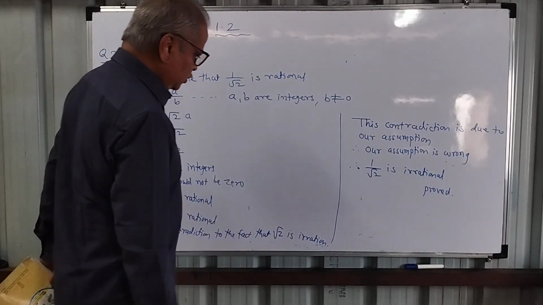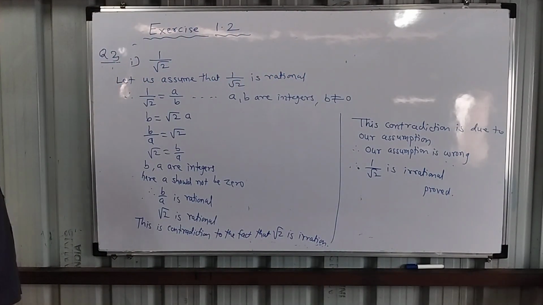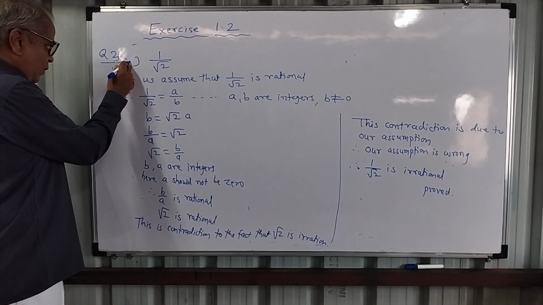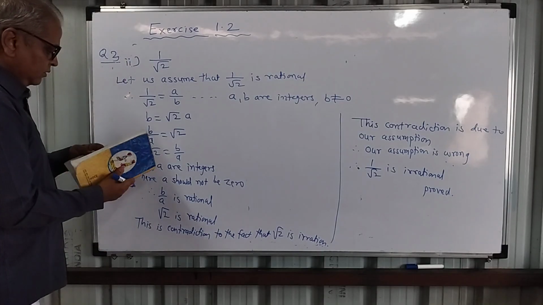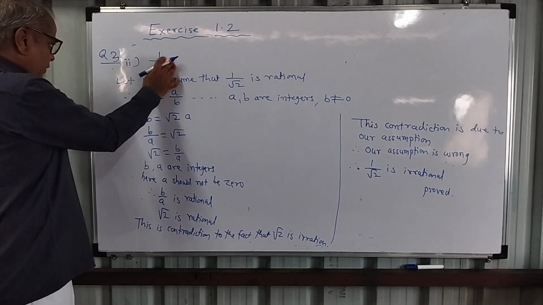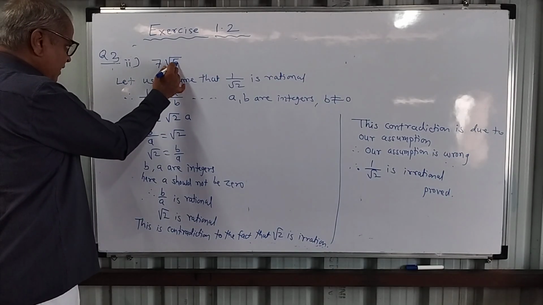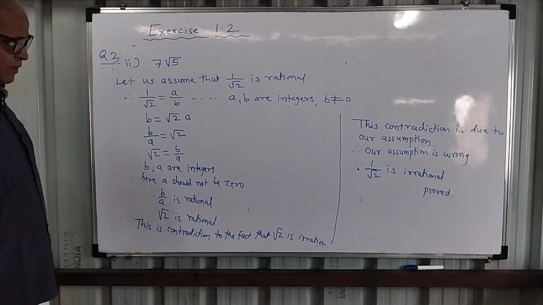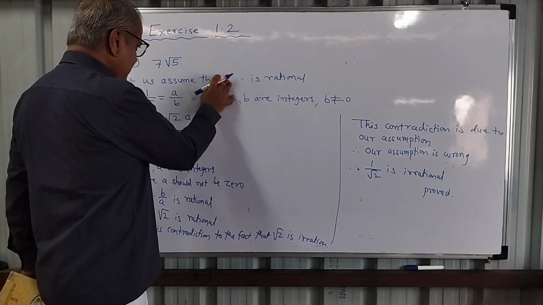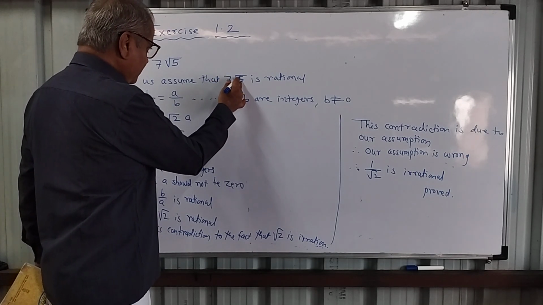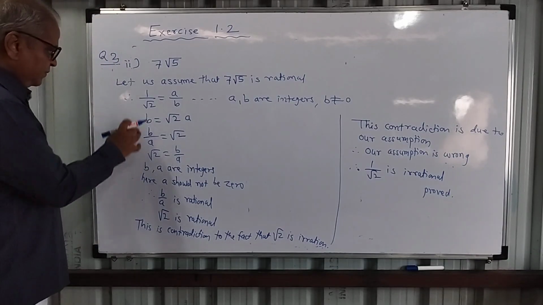So this is also a 2 marks question. Now we will solve sub question number 2. What is it? 7 root 5. We have to prove that 7 root 5 is irrational. So same thing, first step, let us assume that 7 root 5 is rational.